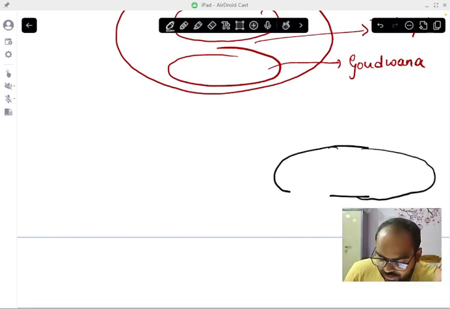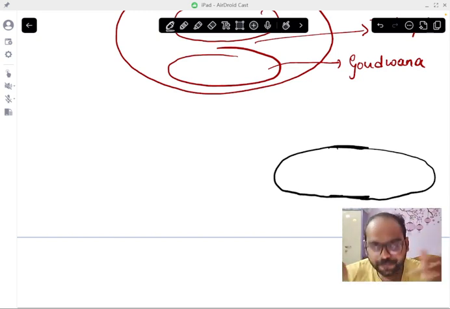And just now we have learned that the interior of the Earth contains crust, mantle, and core.